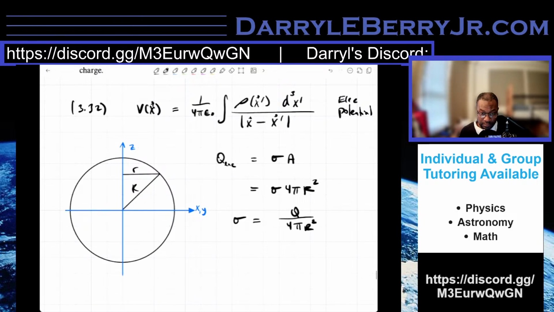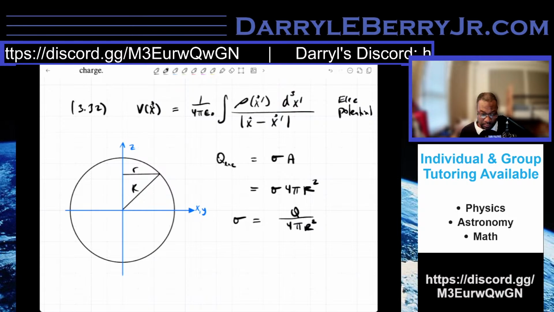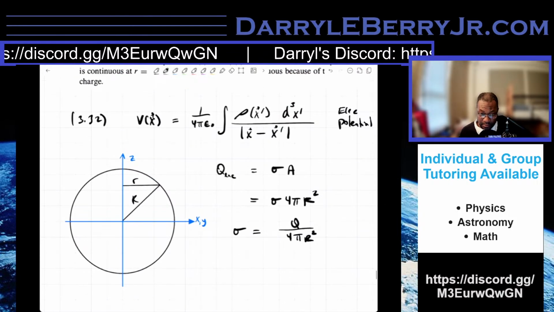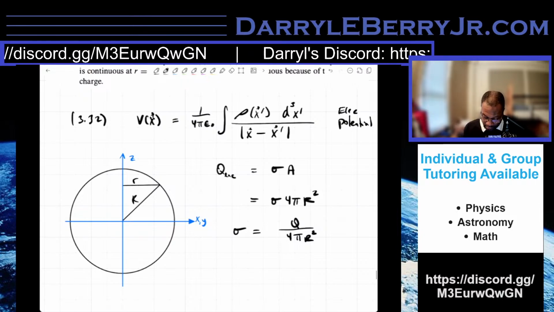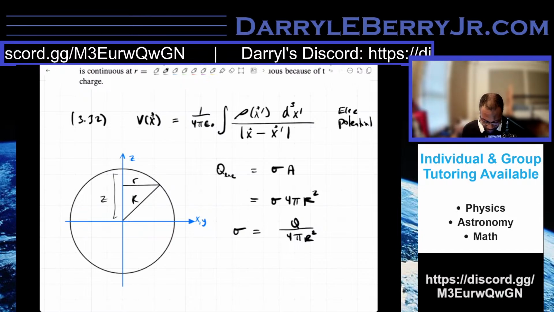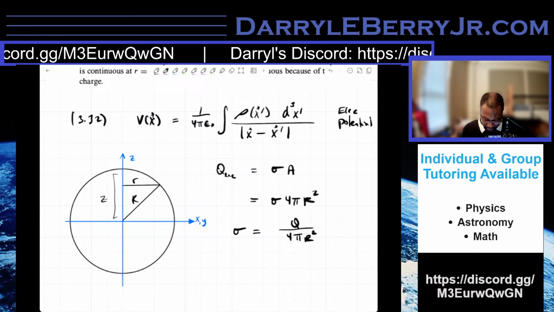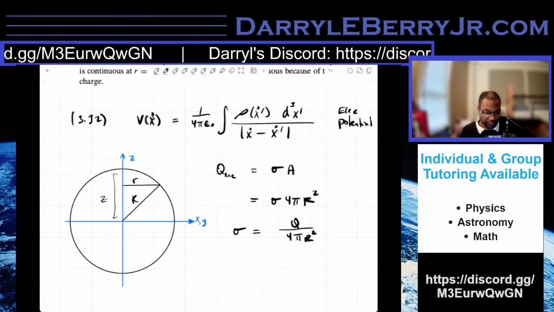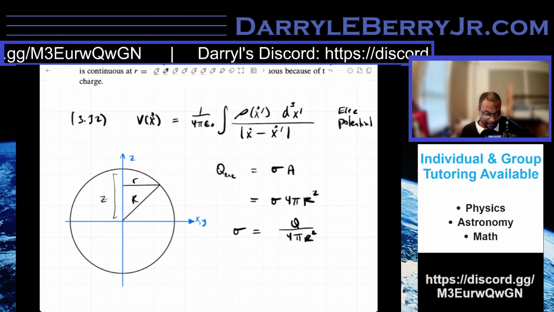So x will be consistent with z. This is z, basically the vertical height from the center of the shell.